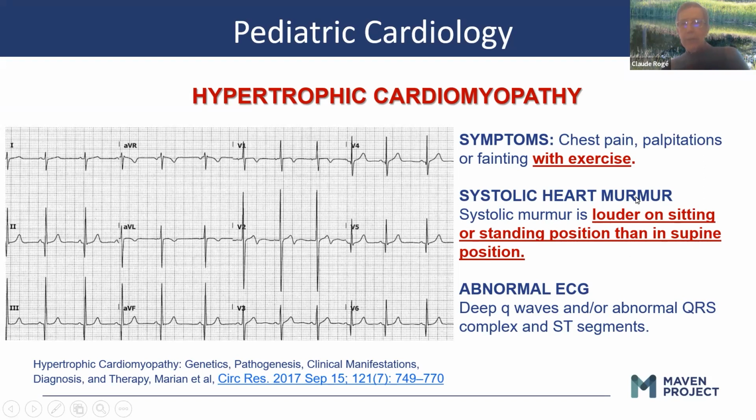So try to remember that when you hear a murmur, always listen in the supine position, and then sitting, and then standing. And then usually, most of the time, you will have an abnormal ECG, like in this case, very deep Q waves, okay? Or you may have just LVH or ST wave abnormality.